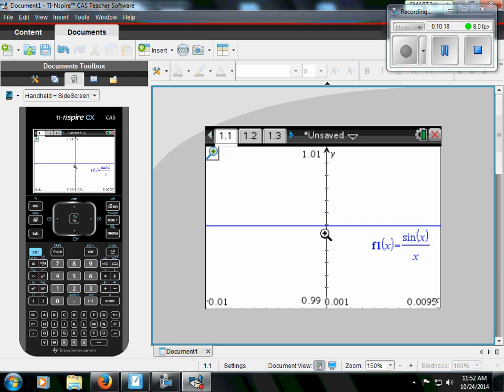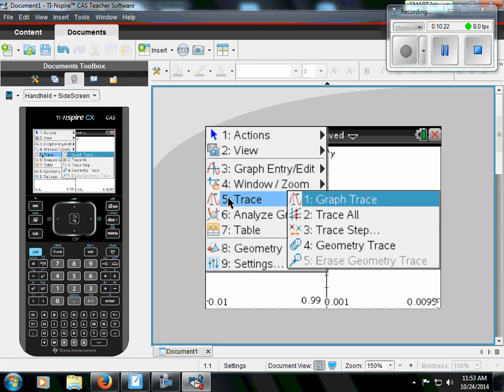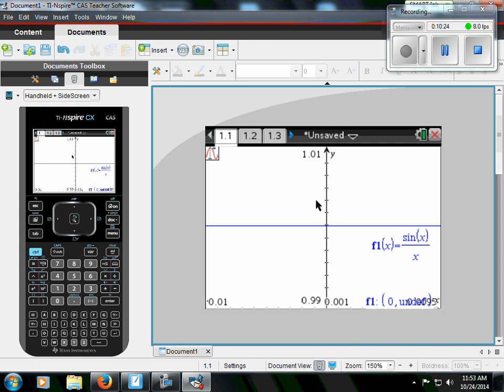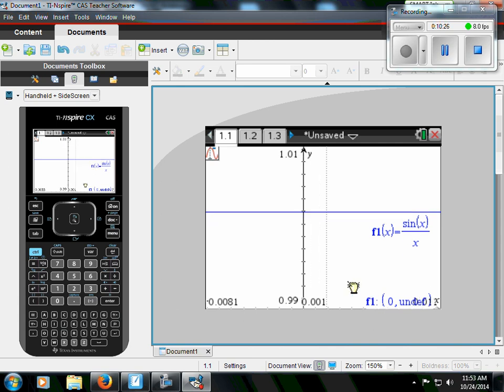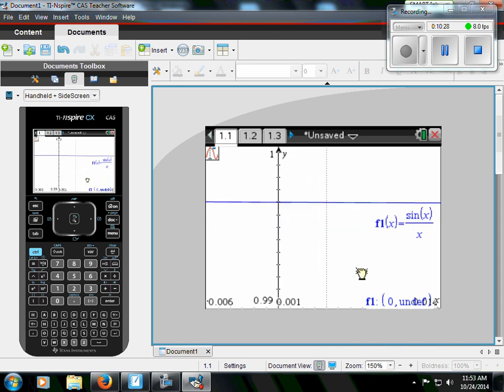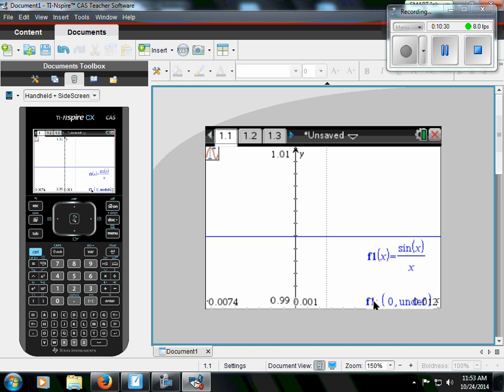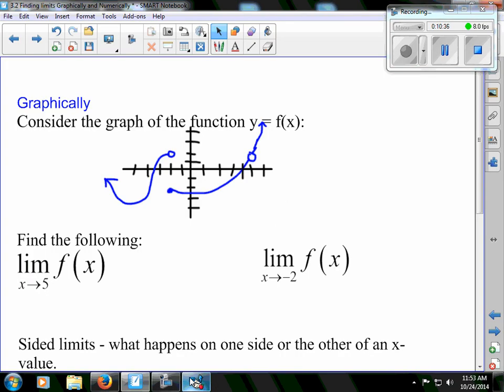There actually is no value at 0. Let's try something else. Let's trace. And you can see right here, at 0 it says undefined.